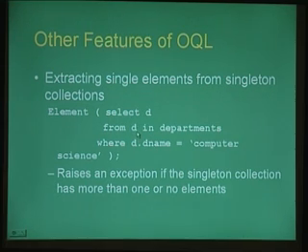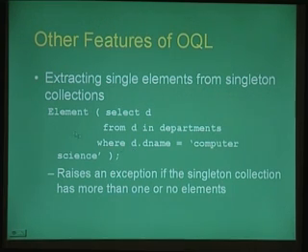Again, as usual, D is an iterator variable that iterates over all objects, or all OIDs of objects, in the extent called departments. Now suppose there is only one department called computer science, this query returns exactly one object, and you can define this object as a specific element and use it as an attribute of some other object if required.